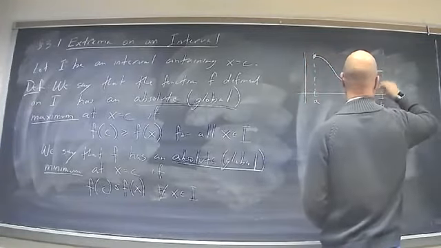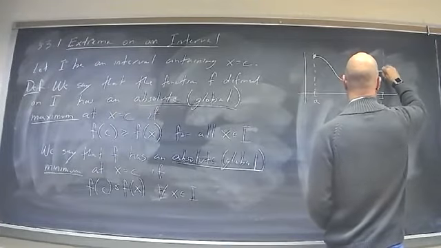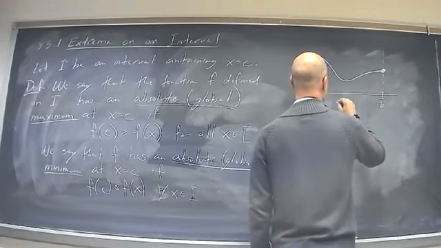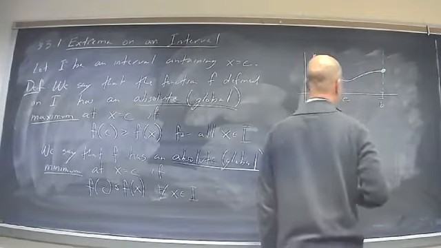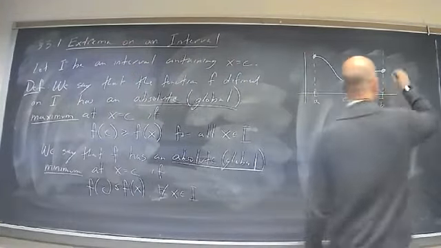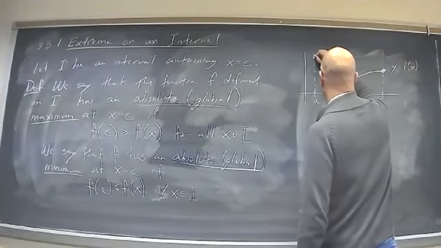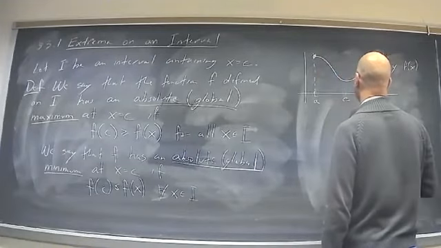There we go. That's better. And let's just mark this point c. So this is a graph y equals f of x. Let me dot in some horizontal lines too. At least that one.